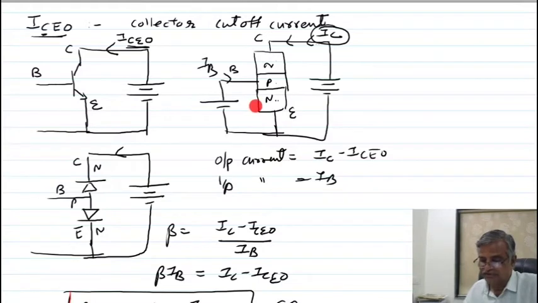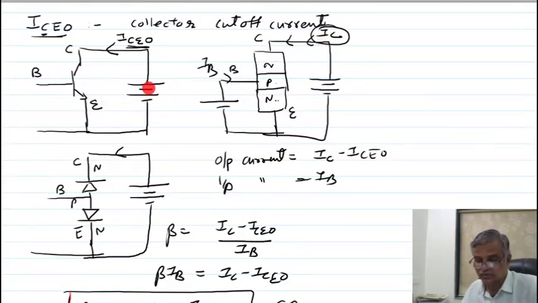Now you know this circuit: the base is forward biased, the collector is reverse biased. So this electron will cross the entire base region and enter the collector, and due to the electrons coming from the emitter into the collector, you are getting the collector current.